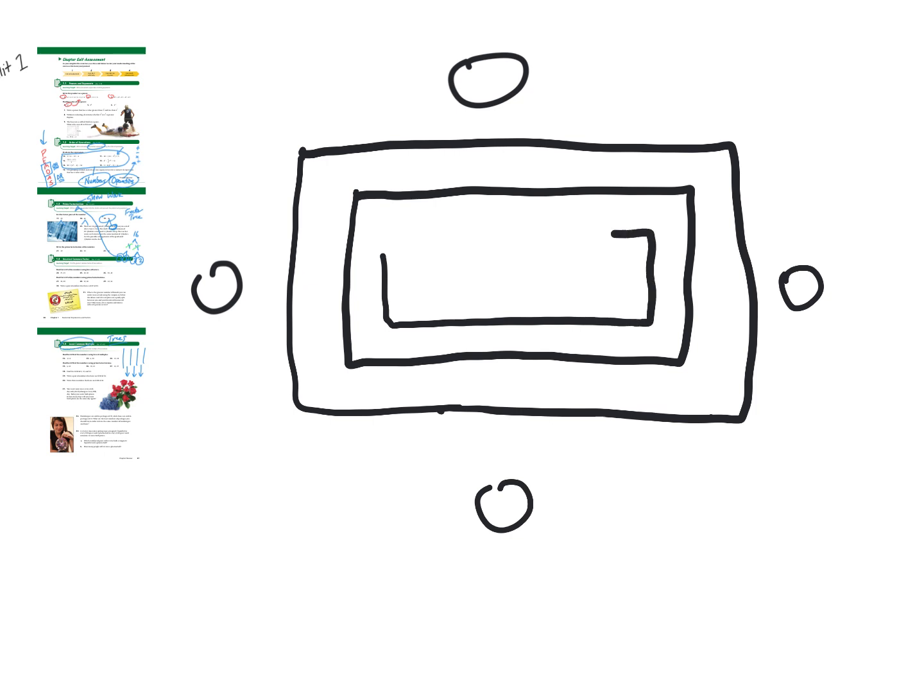I could just use a rectangle here. So you could draw straight on there if you have whiteboard markers, and you could create little game spaces like this.